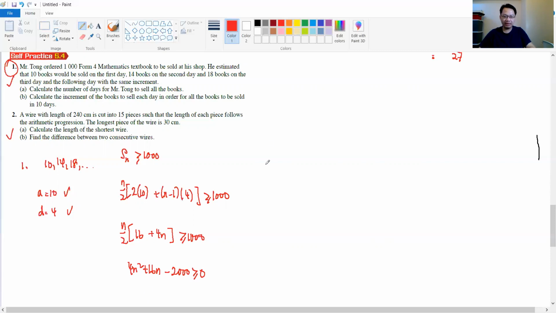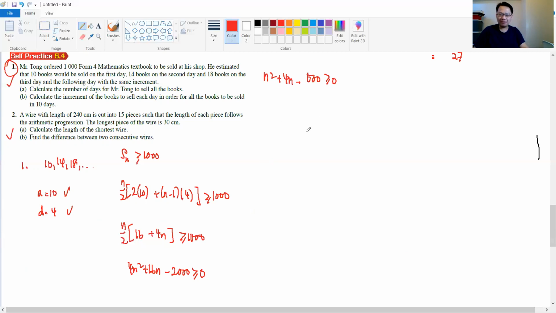Then we simplify, it becomes n squared plus 4n minus 500, divided by 4, more than or equal to 0. Okay, guys, this is another quadratic inequality.